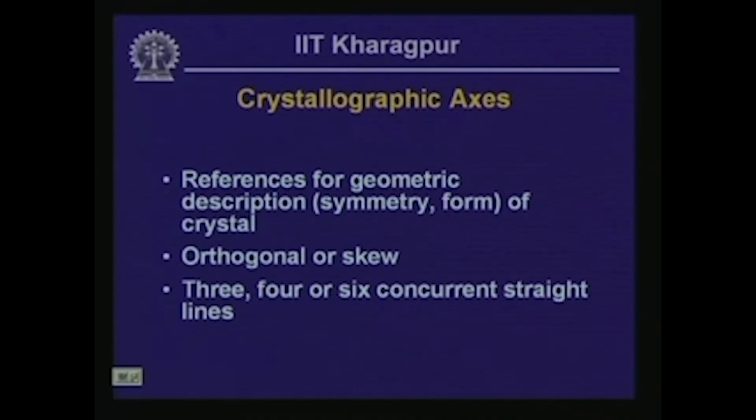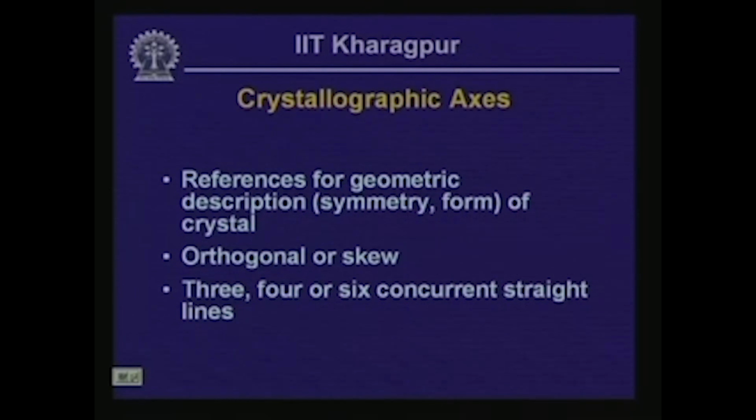Now, crystallographic axes, what is meant by that? I explained this term in the previous slide. In essence, a crystallographic axis gives you a reference to describe the geometry of a particular crystal. More often than not, these reference axes are the axes of symmetry.